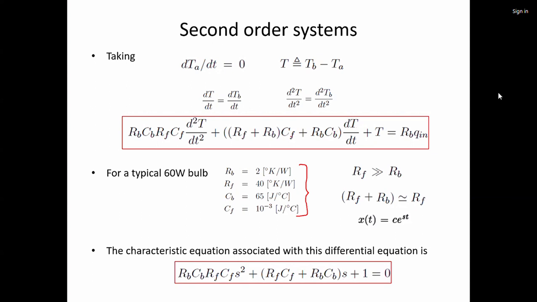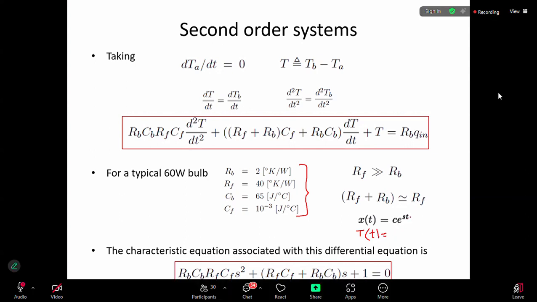So this equation becomes this when you say that temperature T as a function of time is equal to some constant C times e to the power st. Then from this equation you can go to this equation.